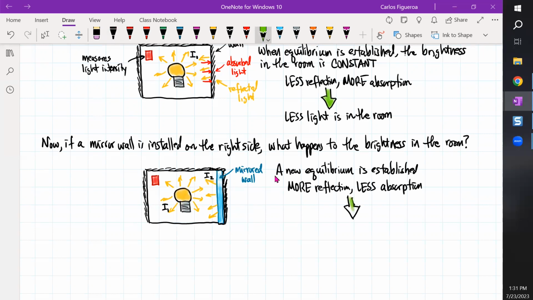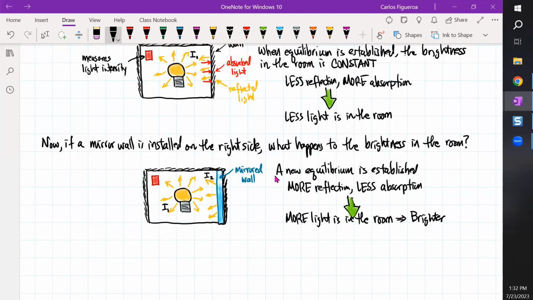So when I start to analyze the intensity in the room, because I have less absorption and more reflection, I'm going to have more light in the room, which then tells you that it's brighter.